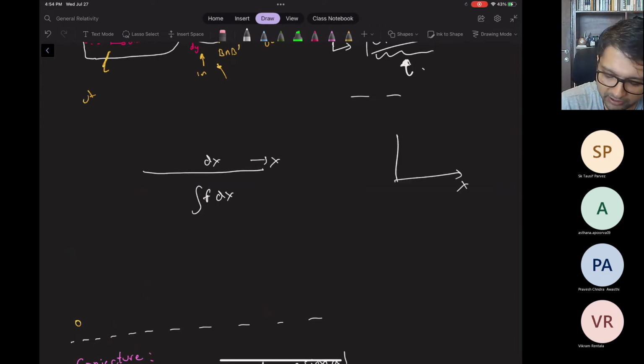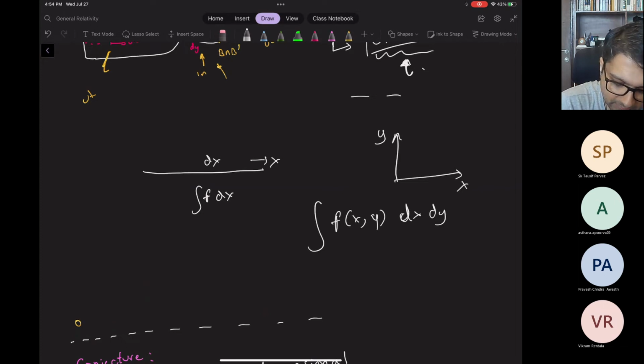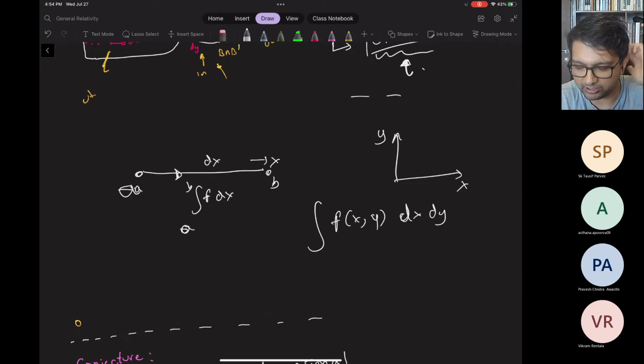But now if I'm doing integration in a plane, so if I have f of x y dx dy, I can think about orientability in terms of my starting point of integration to my final point of integration, from a to b. So I'm integrating this way. This is my orientation. In 2D, what do I mean by orientation? In 2D, what I mean by orientation is I usually think about a signed area element.